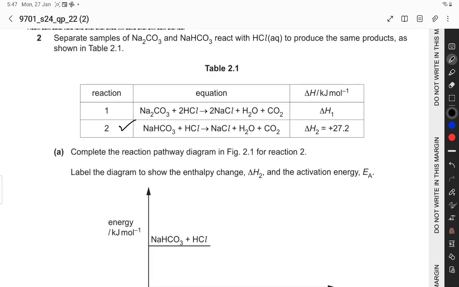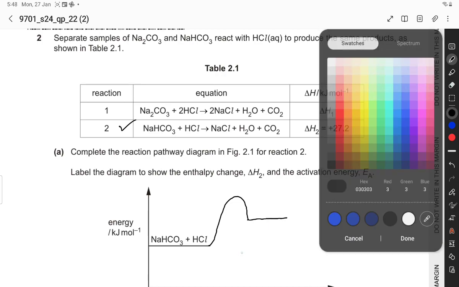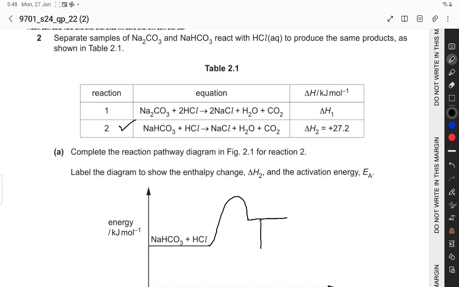This is an endothermic reaction, so we draw like this. This is the enthalpy change, and this is the activation energy. And to form NaCl plus water plus CO2.